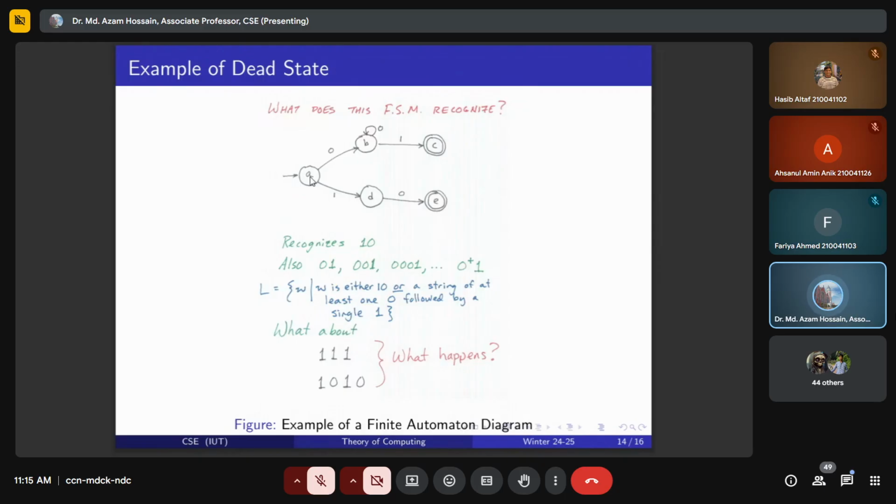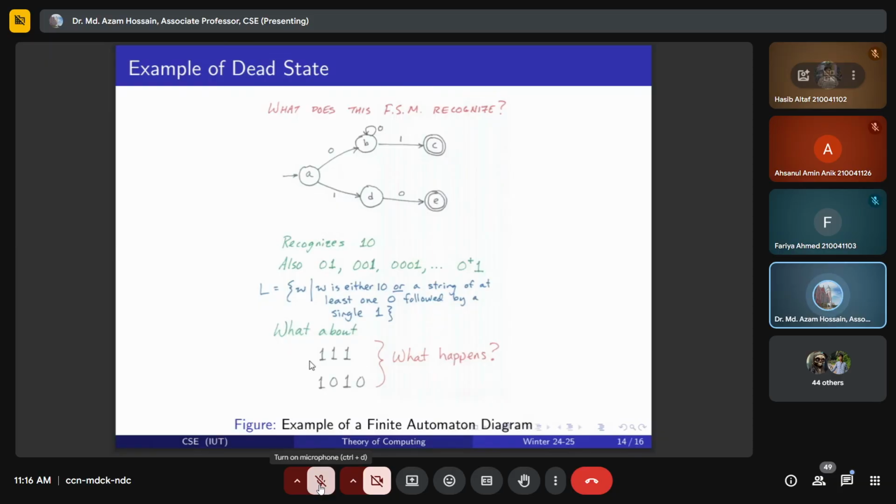If you are in state A, if you have first input 1 and next 0, then you end in this E state. That means this language accepts 1, 0. Or if you start with 0, with many zeros, and end with 1. So this is possible. So this language accepts W, which is either 1, 0 or a string of at least one 0 followed by a single 1.